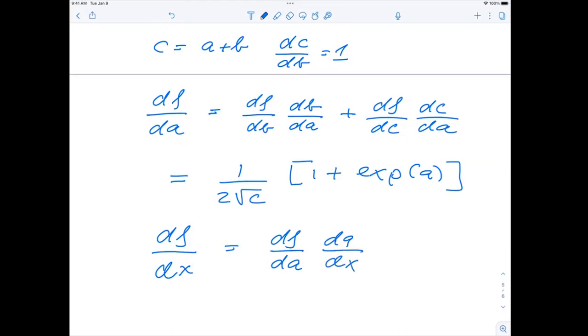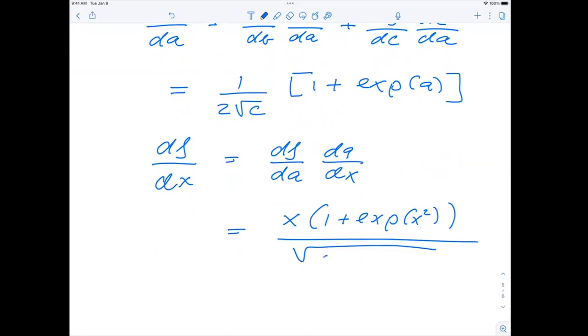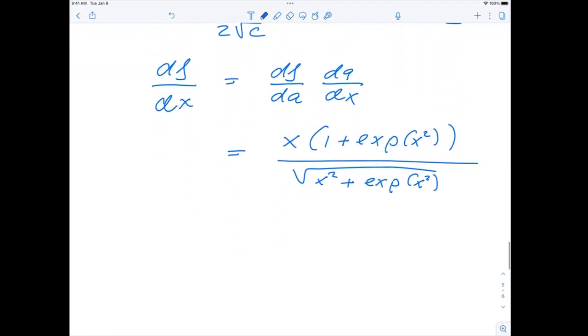And we know the value of dA/dx, that is simply 2 times x. And then we multiply with the previous expression. And what we get then is obviously the same result as before, 1 plus the exponential of x squared divided by the square root of x squared plus the exponential of x squared, which we now can rewrite in a smarter way using these definitions which we had.